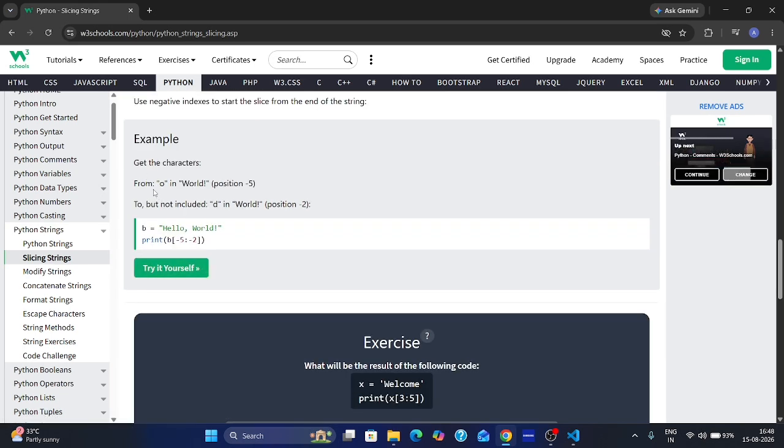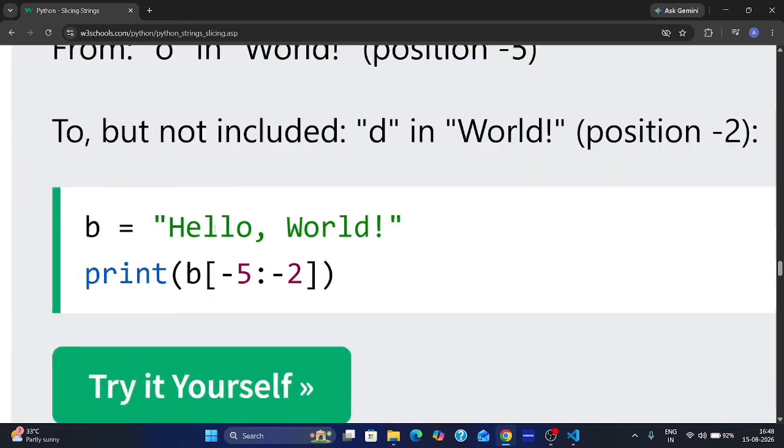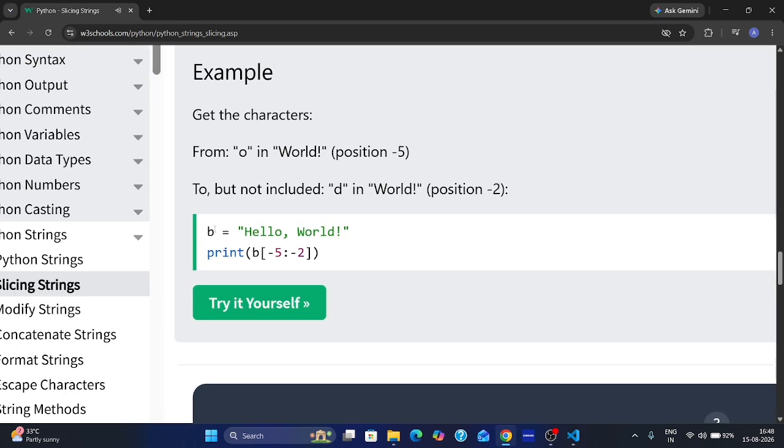So get the characters. Okay, from O in world, position -5, to but not included D in world, position -2. Okay, what do you have to print here? You have to print from position -5. In negative, we will do indexing like this: here it is 0, but in negative, 0 will not come.